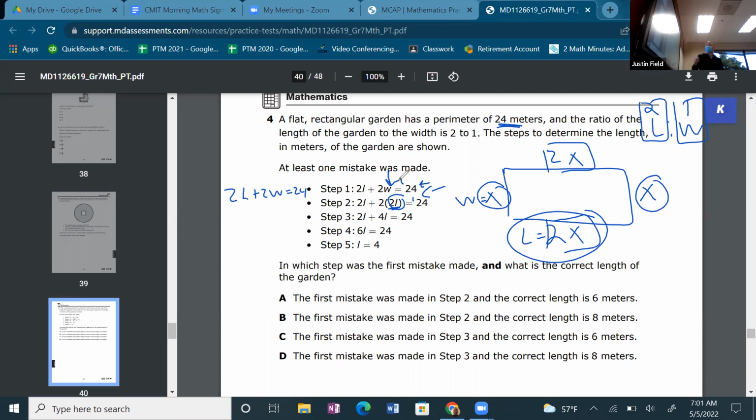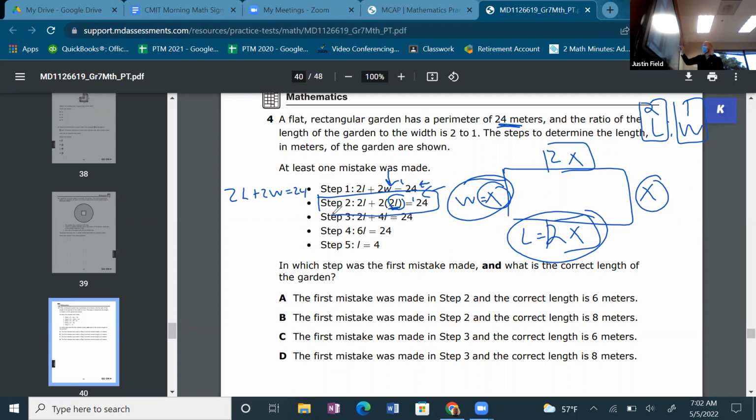Then it became a 2L. So now I ask you, is W 2L? W is only 1. So that is the mistake they made. They shouldn't have put 2L in for W. So that's the mistake, but I'm just going to do the problem.